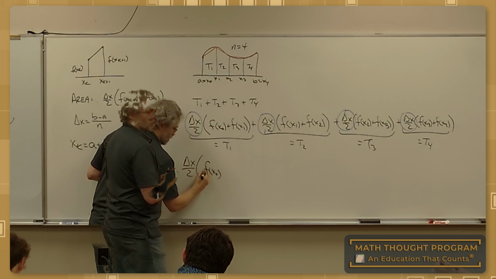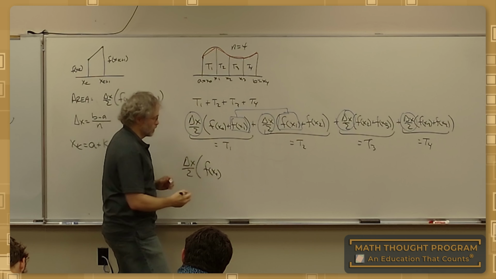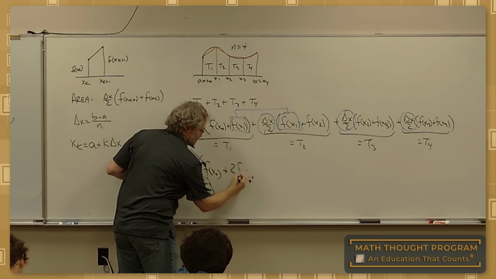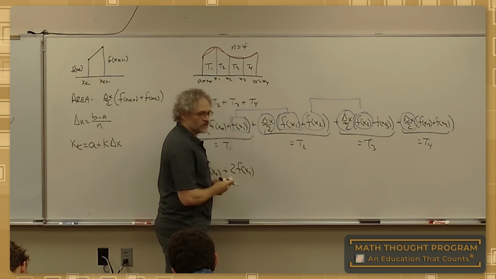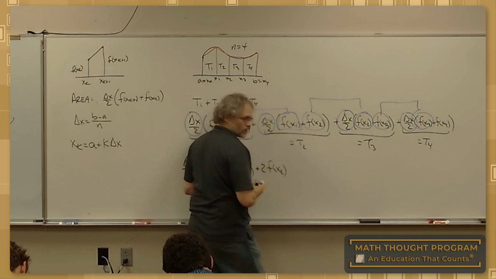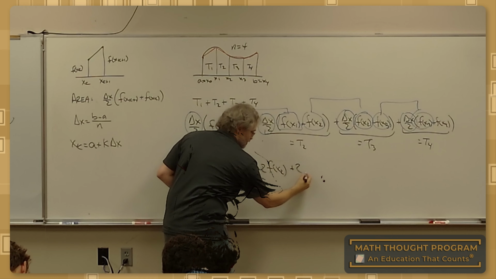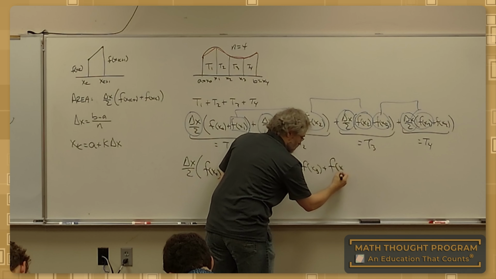This part. But look at this: that as well, you have 2 copies of them. And look at this, you also have 2 copies. And look at this, you also have 2 copies. And the last one, you just have a single copy.